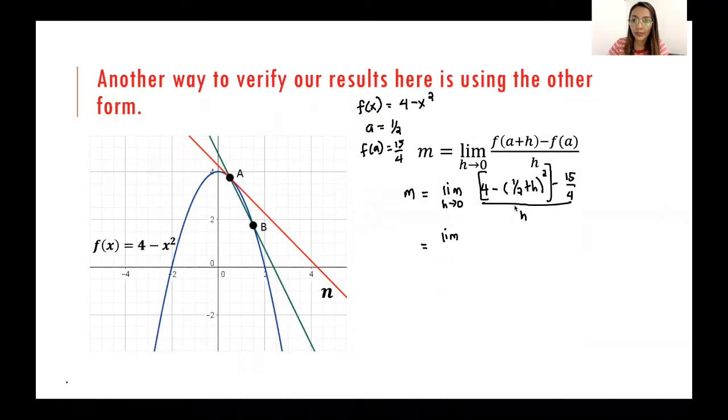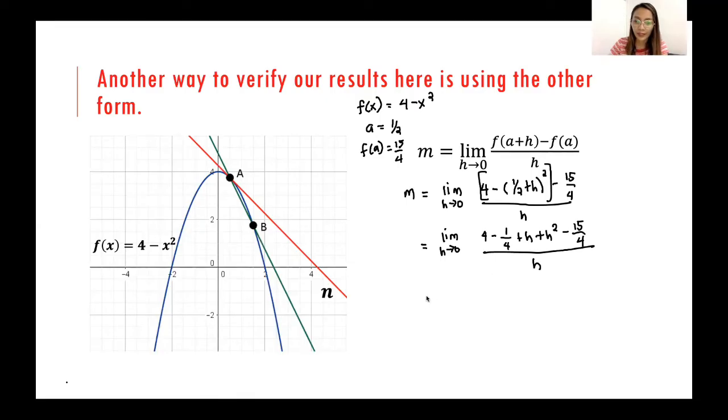Okay, so this will become, so we have 4 minus, okay, so 1/2 squared is 1/4 plus h squared. Okay, minus 15 over 4 over h as h approaches 0.